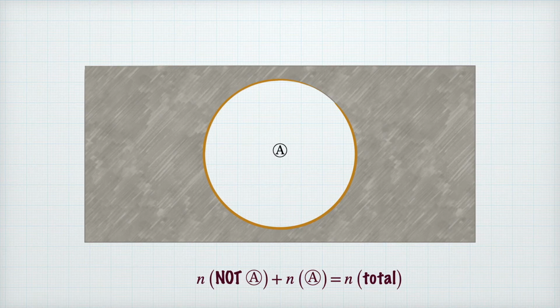And this is where that comes from, because if you add the number of elements that satisfy a given condition and the number of elements that do not satisfy a given condition, what are you left with? The total number of elements. And this makes perfect sense.